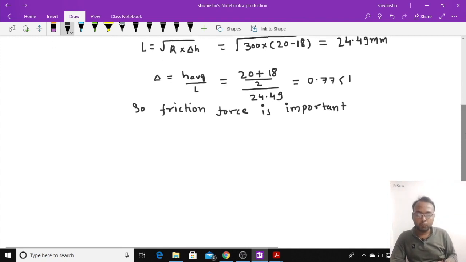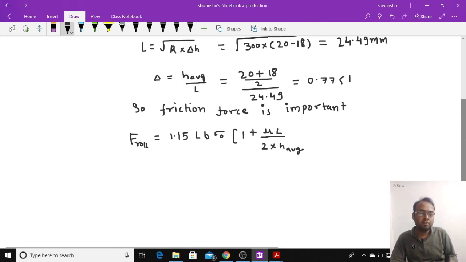Now F roll, that is rolling force, is given by 1.15 L B, that is width, sigma O, that is flow stress, multiplied by (1 plus mu, that is coefficient of friction, multiplied by L divided by 2 into H average).